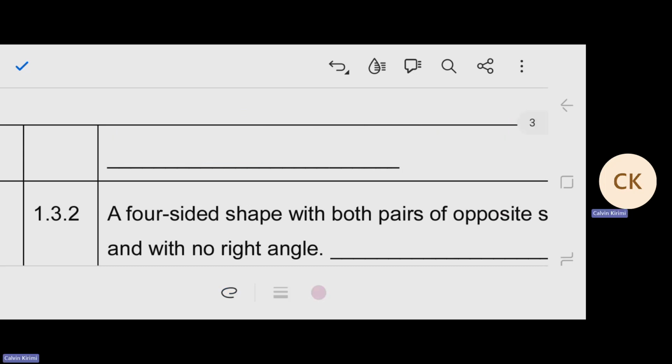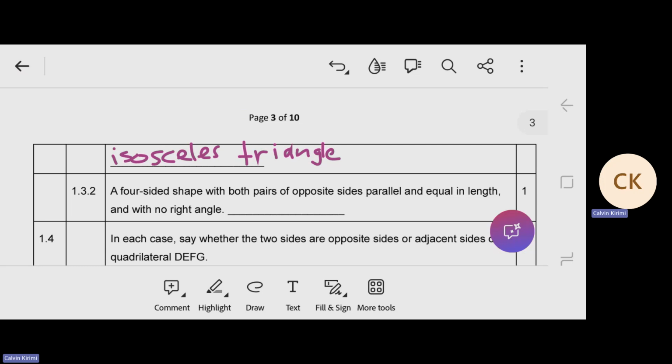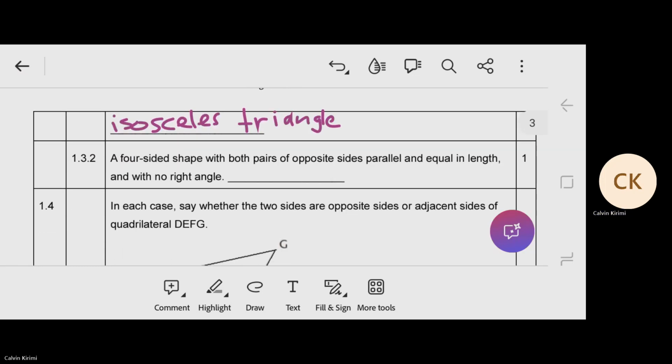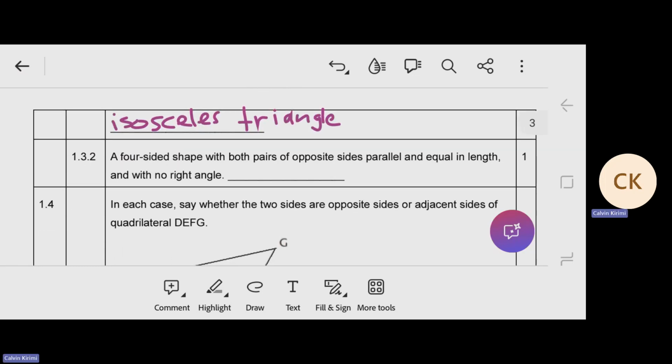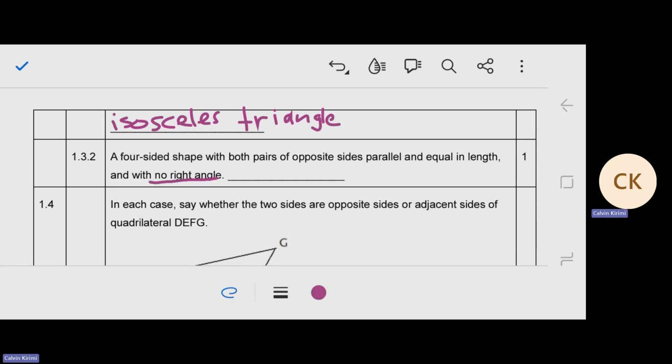Then we are having a four-sided shape with both pairs of opposite sides parallel and equal in length, with no right angle, which means we are excluding a square and a rectangle because of the right angle.